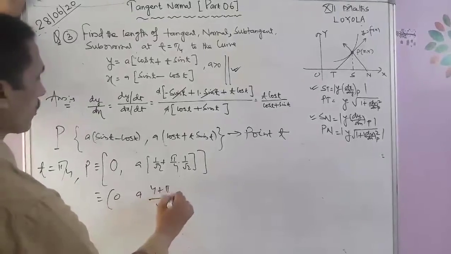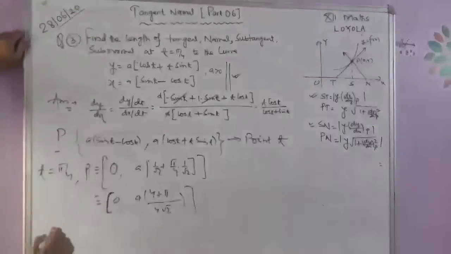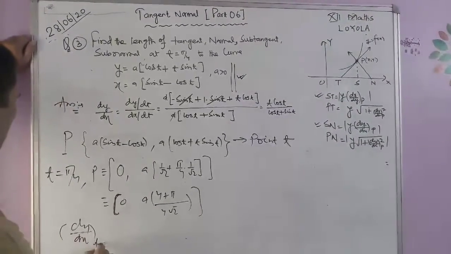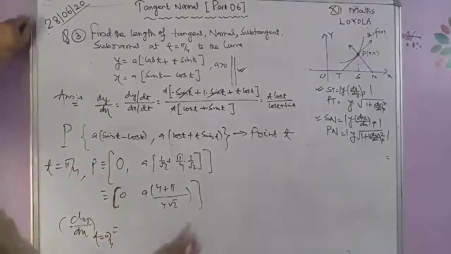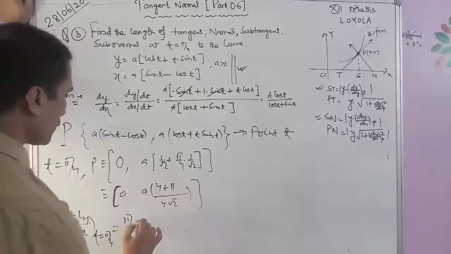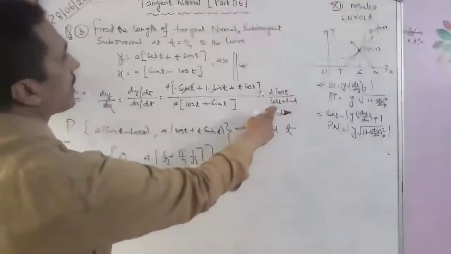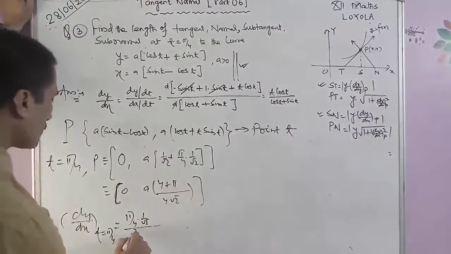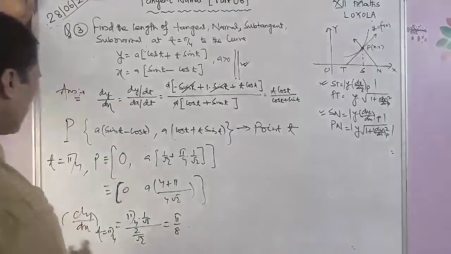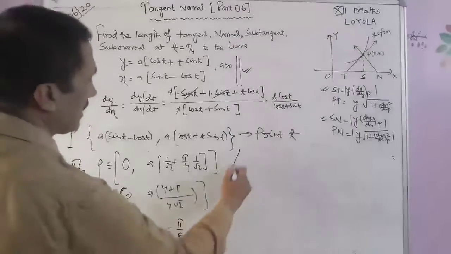Now dy/dx at t = pi/4 is (pi/4 times 1/root 2) divided by (1/root 2 + 1/root 2), that is 2/root 2, so pi/8. So dy/dx at this point is pi/8.